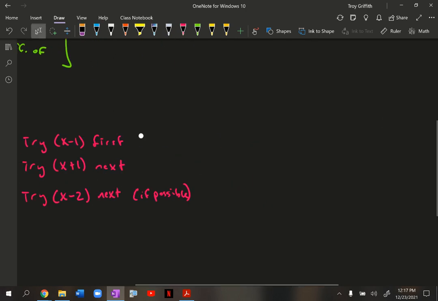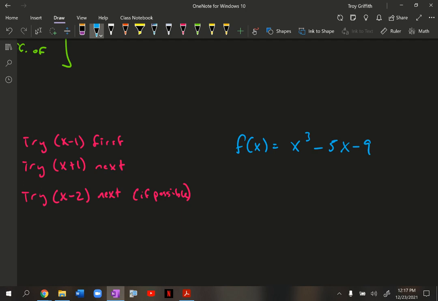So for example, if you had f of x equals x cubed minus 5x minus 9, well, if I was making a list for this one, it would be plus or minus 1, 3, 9, because those are all the factors of 9, divided by 1.